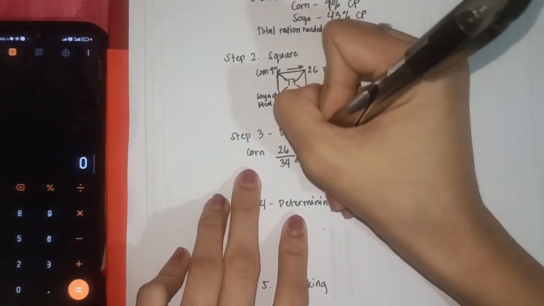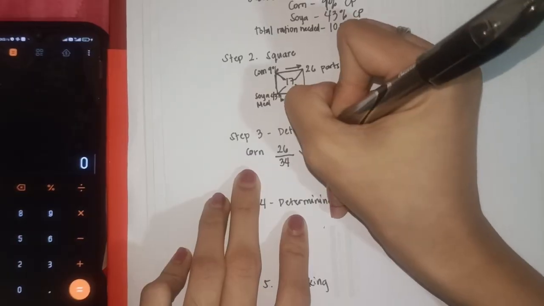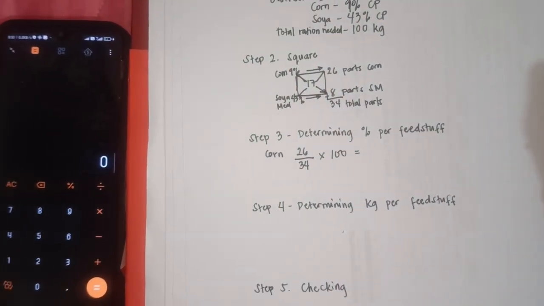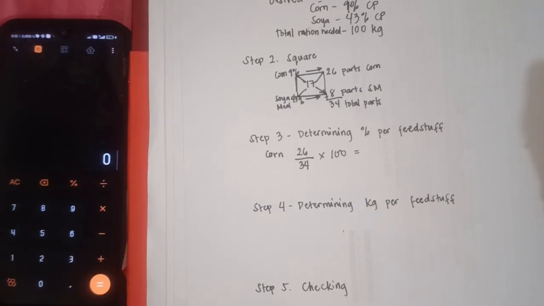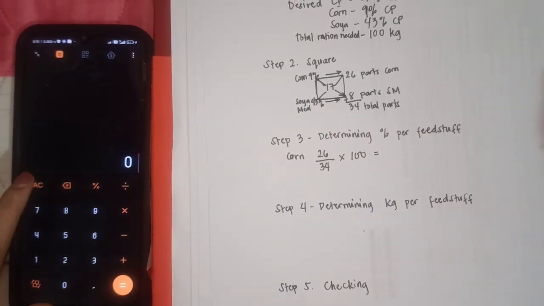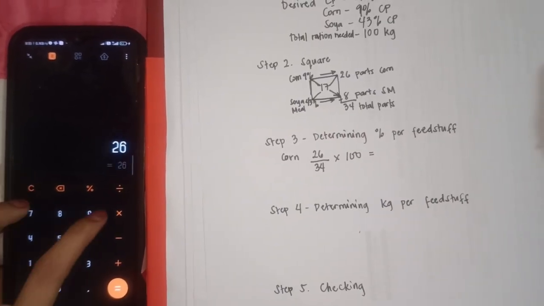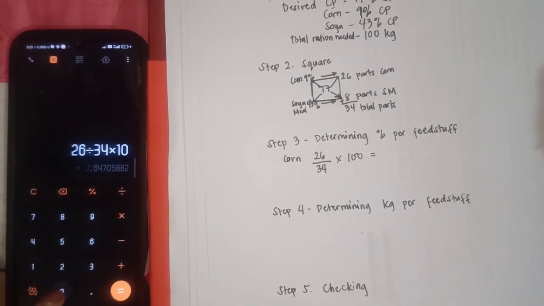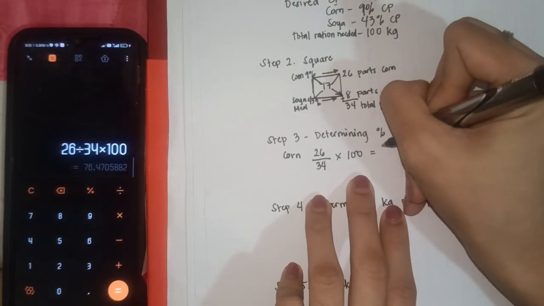So 26 divided by 34, times 100, to get the percent of corn needed per 100 kilogram or per 100%.